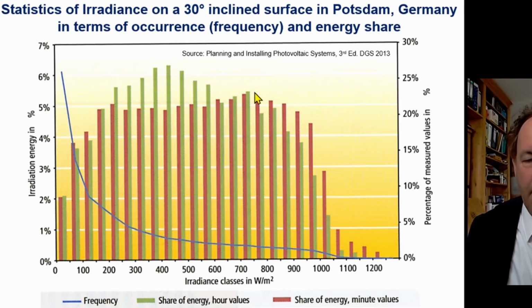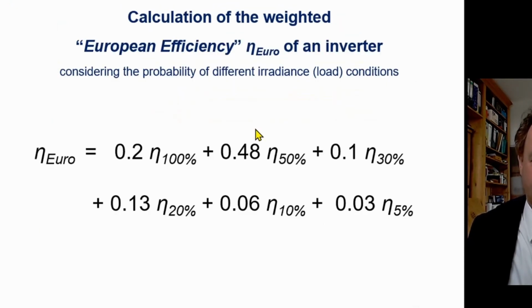This has to be also considered for the design of the inverters. So if you are able to do quick maximum power point tracking, you're able to profit from these high irradiance levels also. If tracking is slow, we observed that there are maximum power point trackers that took 20 minutes to get to the real maximum power point. So this is not suitable to profit from these minute values of the share of energy here.